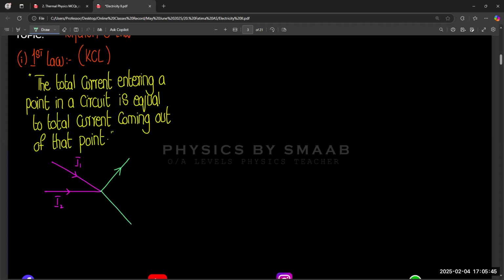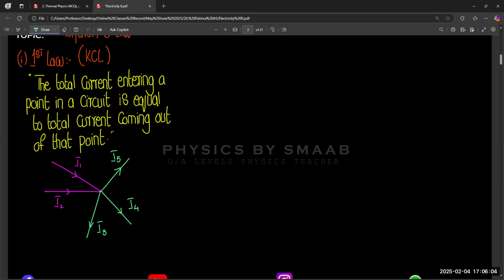Right now for this law, we are making random directions just to consider how to write the equation for KCL. So this is I3, I4, I5.